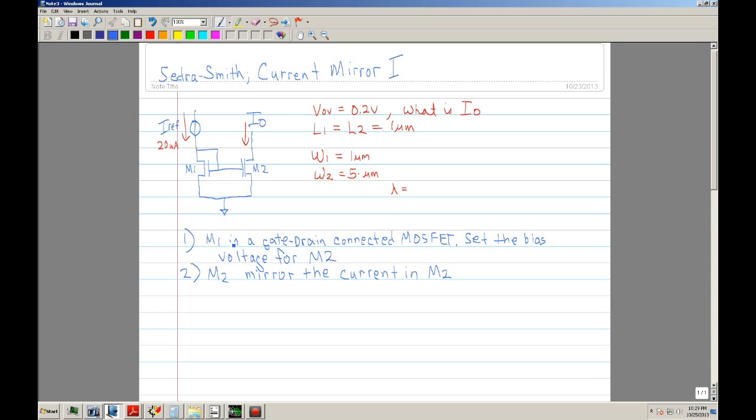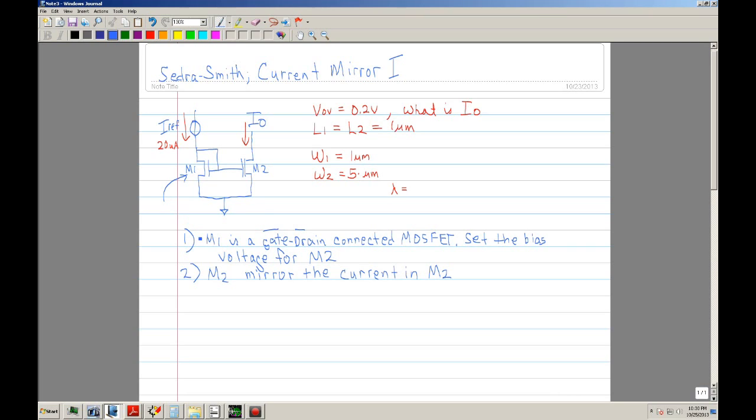Since we've covered what a diode connected MOSFET is, or in this case a gate-to-drain connected MOSFET, we see it right there.